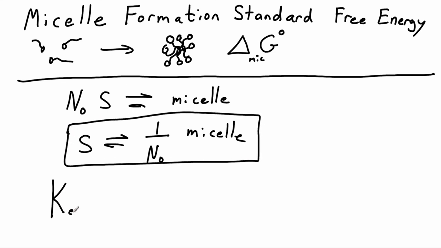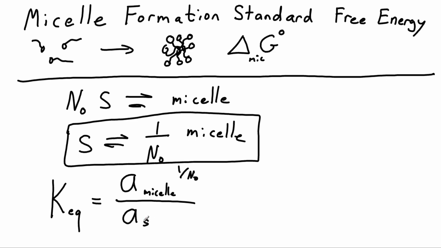So K equilibrium is going to be the activity of products over the activity of reactants. So we've got the activity of micelles to the 1 over N naught, all over the activity of surfactant.